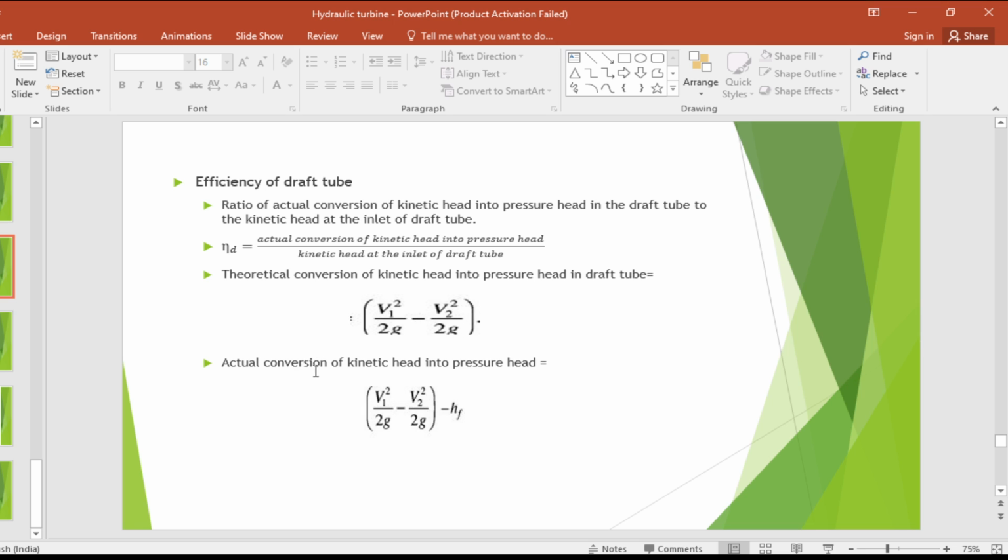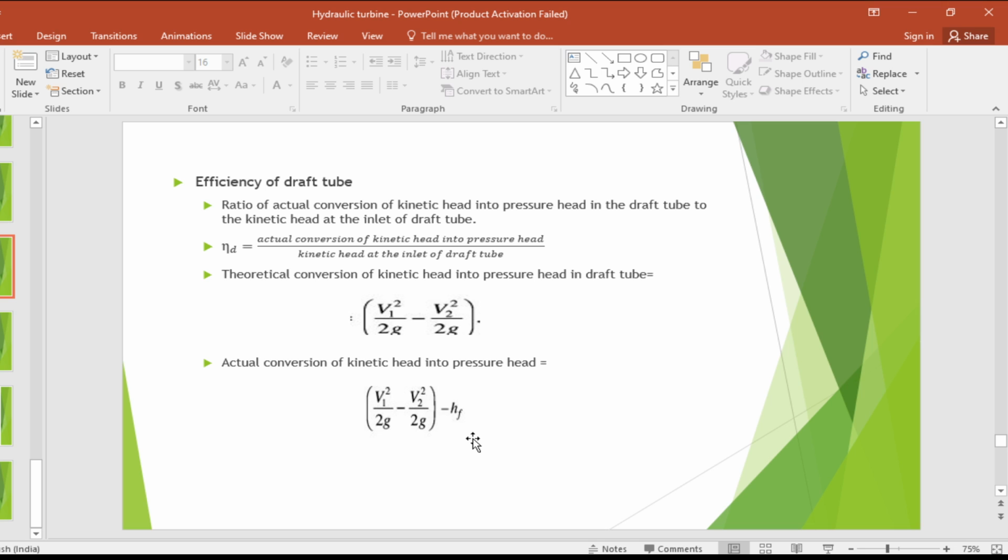And the actual conversion of kinetic head into pressure head is V1 square upon 2g minus V2 square upon 2g minus hf. Here in this relation, V1 is nothing but the velocity of water at the inlet of the draft tube.